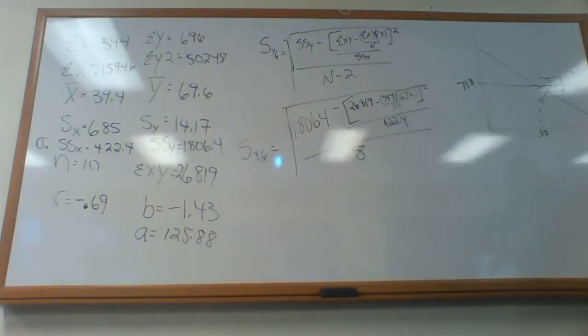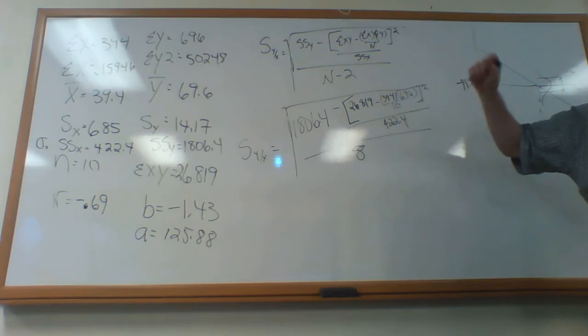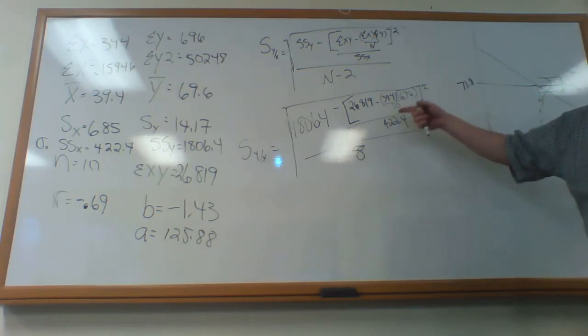Now, if you had earlier solved either the slope numerator or the numerator for the correlation coefficient, you'd already have this number, right? That's why I always solve that and I always write it down, because by the time I get to this, I don't want to have to do it again.